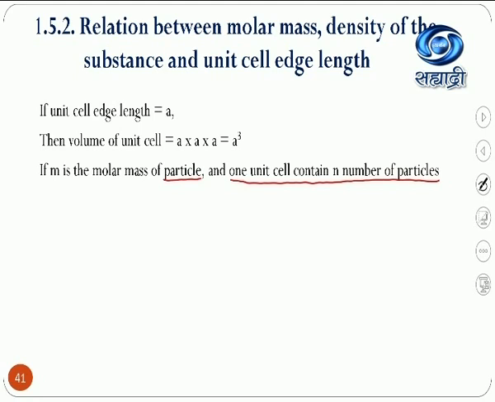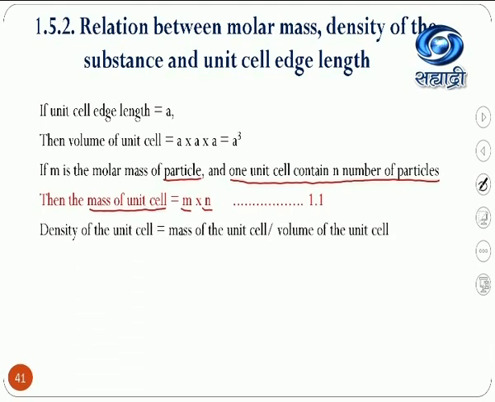As we discussed, a unit cell may contain 1 particle, 2 particles, or 4 particles, depending on whether it is simple cubic, BCC or FCC. So we can find the mass of the unit cell: mass of 1 particle into the number of particles present in that unit cell.